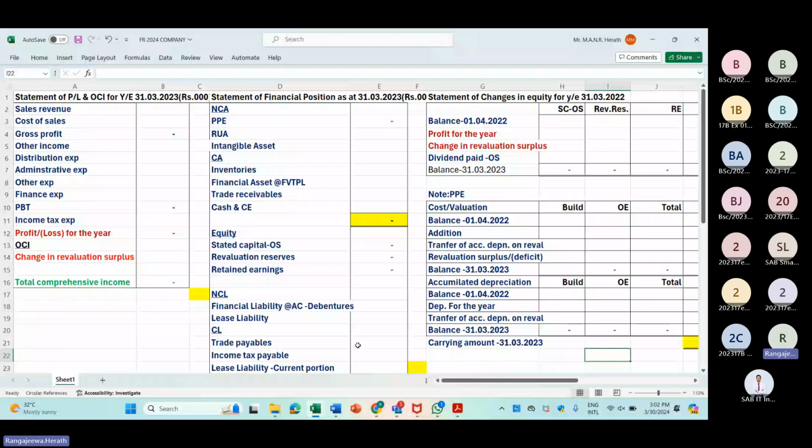You can have the structure making adjustment. I'll give time for that. First of all, you better have the structure.